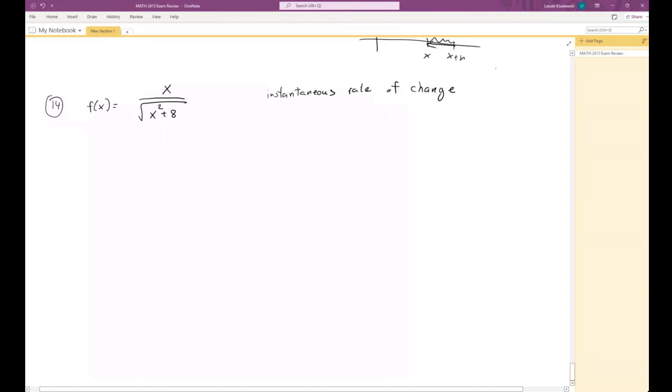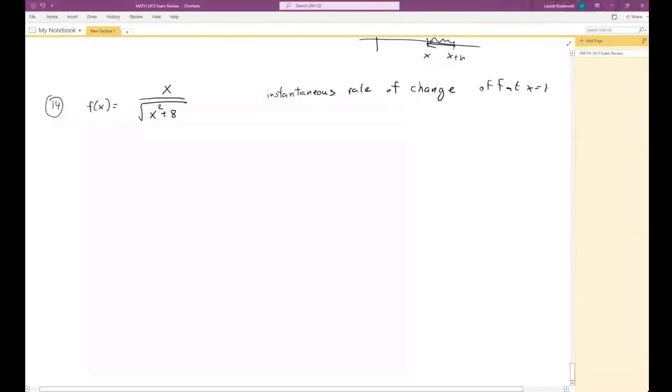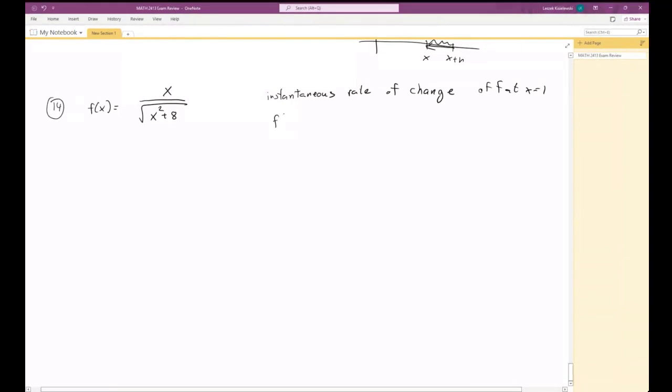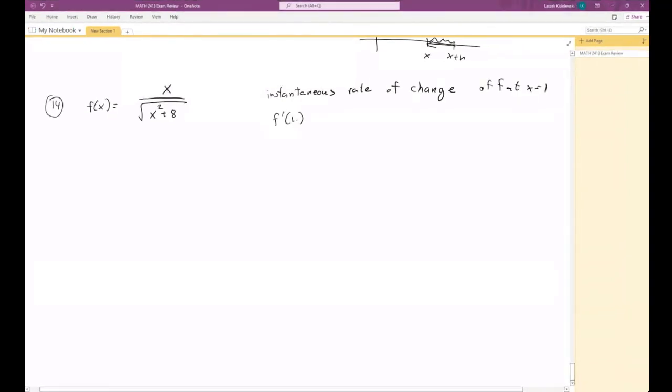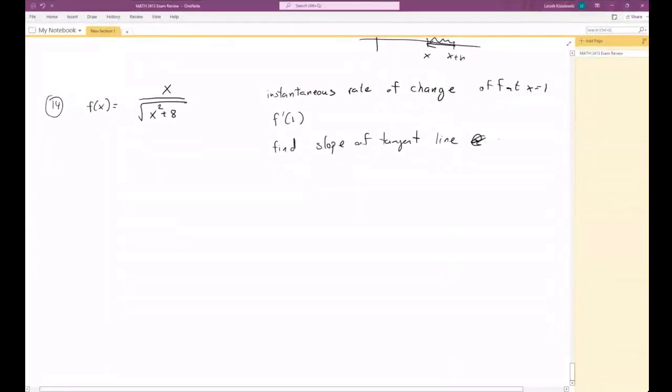The instantaneous rate of change of f at x equals 1. All right. Another way would be to simply say, find the derivative of the function at 1. Another way to say that is to find the slope of the tangent line at x equals 1.